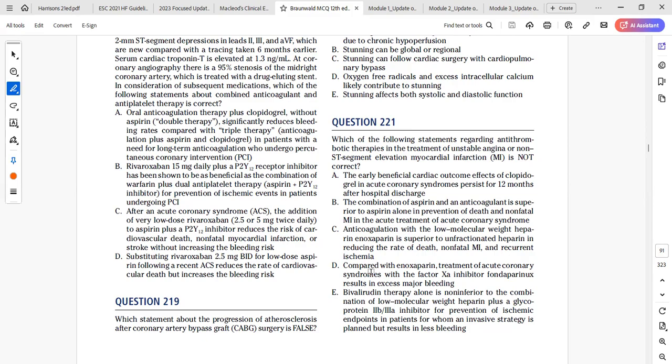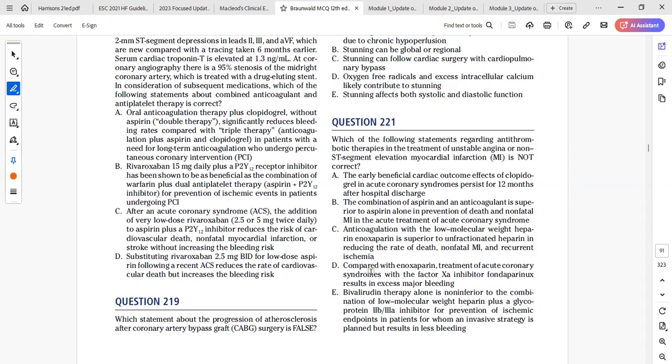Then option C, after an acute coronary syndrome, the addition of low-dose rivaroxaban to aspirin plus a P2Y12 receptor inhibitor reduces the risks of cardiovascular death, non-fatal myocardial infarction, or stroke without increasing bleeding risks. So this option is still with reference to the PIONEER AF trial.